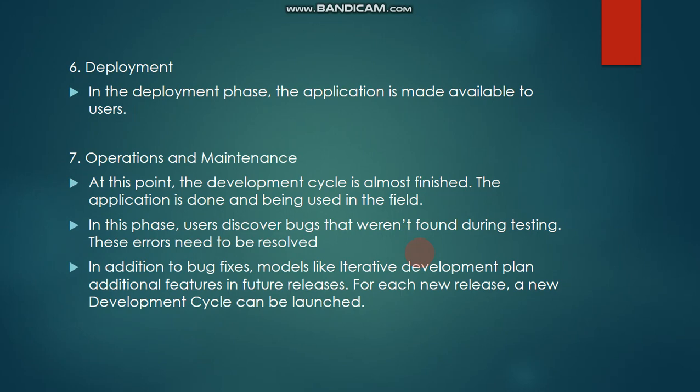If the testing is proper, then there won't be errors and it will be a satisfactory project for them. And apart from finding bugs or errors, if they need an improved version of the particular software, that can also be carried out here, with additional features they can add, and they can reuse it.